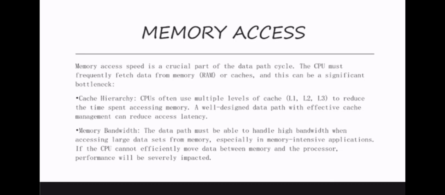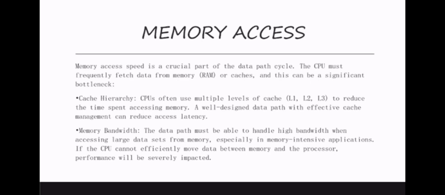Another way is the memory access. Memory access speed is a crucial part of the data path cycle. The CPU must frequently fetch data from memory, that is the RAM, the random access memory, or caches, and this can be a significant bottleneck. Cache hierarchy. CPUs often use multiple levels of cache, L1, L2, L3, to reduce the time spent accessing memory.